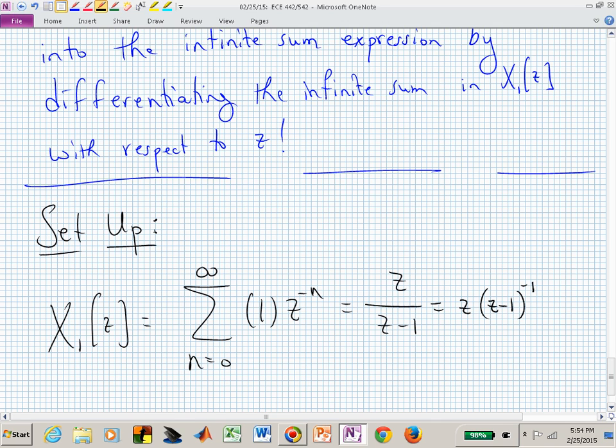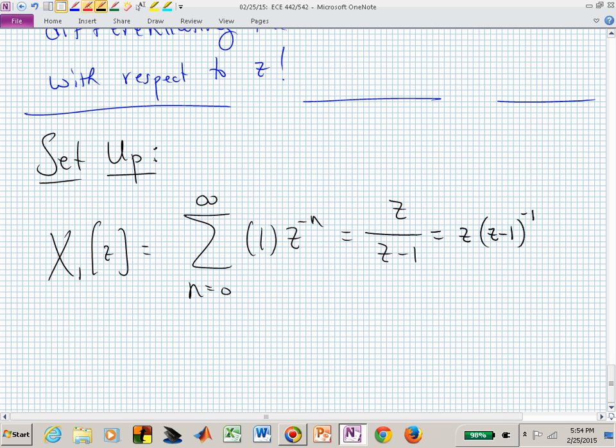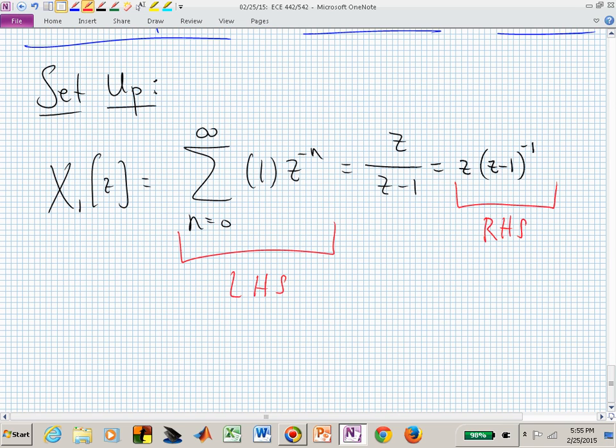Now I can use my product rule for differentiation, and I will call this my left-hand side, and this piece my right-hand side. Now what I want to do is simply differentiate both of those sides and set the derivatives equal to each other, and my result hopefully will fall out.